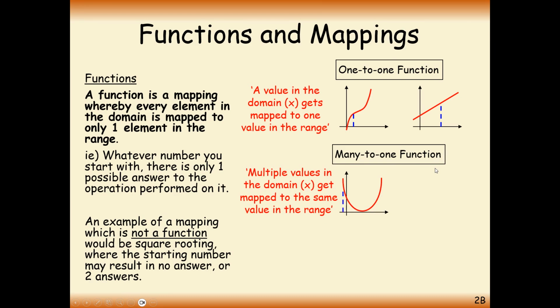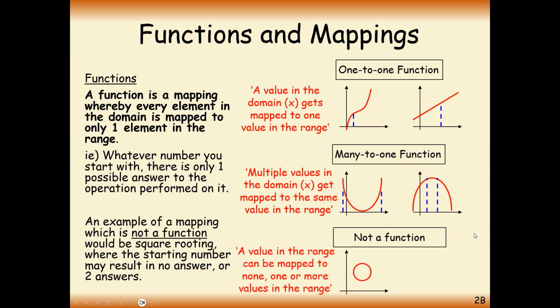If we do it for x squared or negative x squared, you get for any one input, one output. So that's fine. But consider the graph of a square root or a circle. If we draw a vertical line, we'll have two intersection points. So this is breaking the rules of the vertical line test.